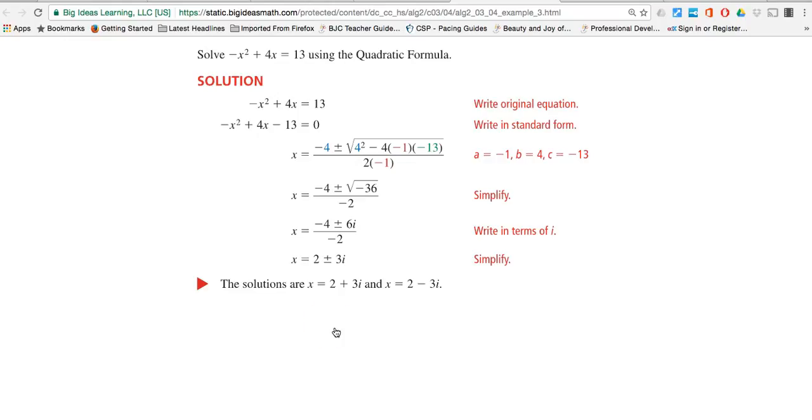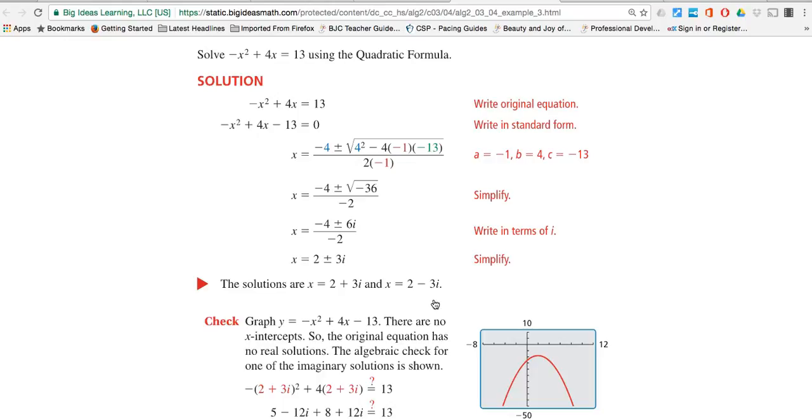And you end up breaking that up into two different values because you've got both the plus and minus values. So you get 2 plus 3i and 2 minus 3i. So these end up being your two complex numbers here that are your solutions. 2 plus 3i and 2 minus 3i.